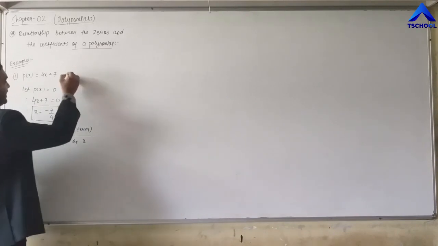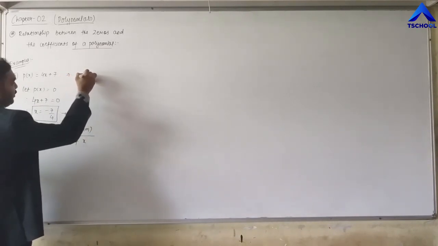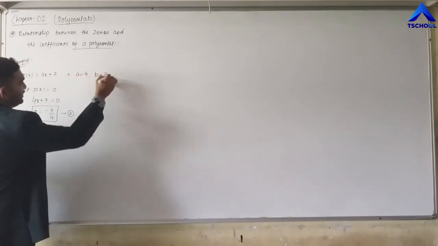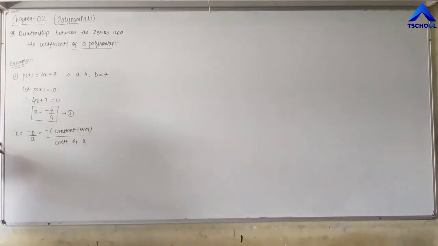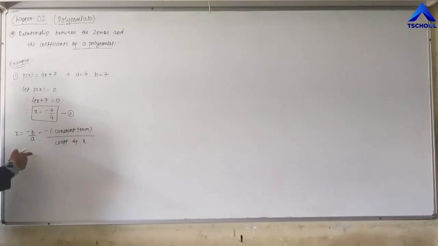So first of all, let us identify what a is here: 4. What is b here: 7. So a equals 4 and b equals 7. Replacing the values of a and b, we shall get x equals minus 7 by 4 again. What is this? The zeros. What are these? The coefficients.